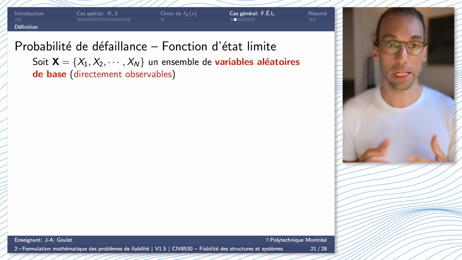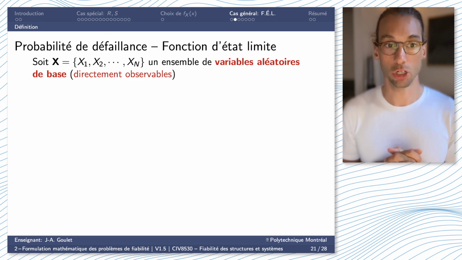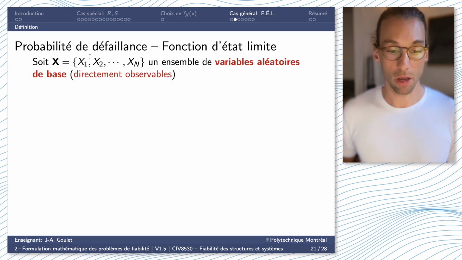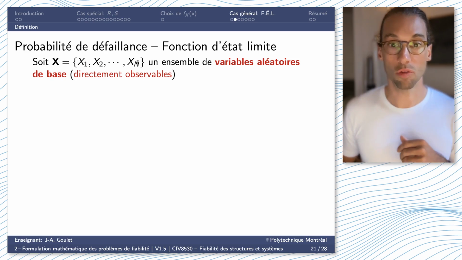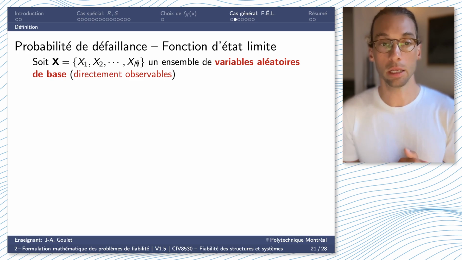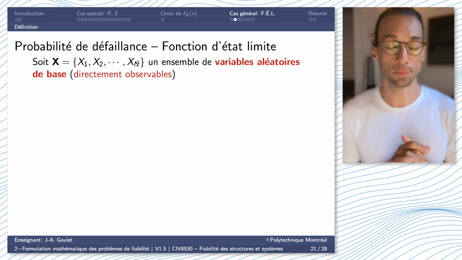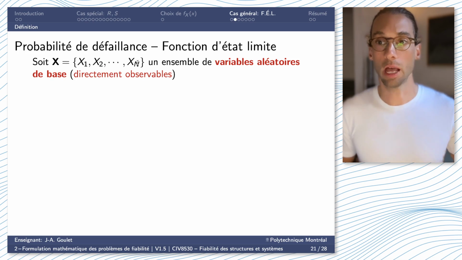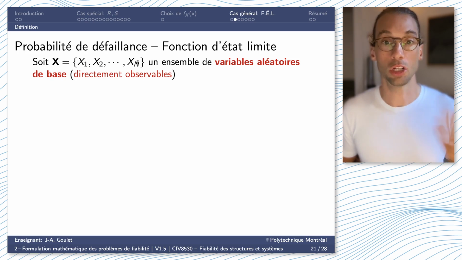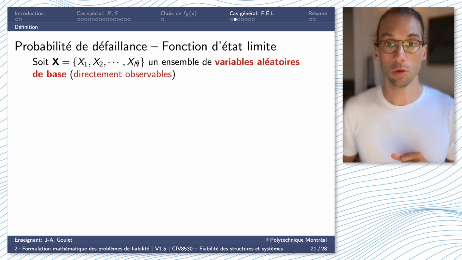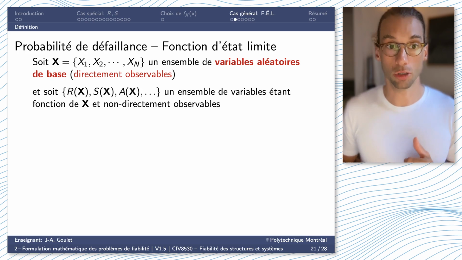So first, let's look at what the limit state function is. Let's assume we have a set of n random variables that are directly observable. These could model, say, the ultimate resistance of concrete, or Young's modulus of something, or a variable associated with defining the solicitation associated with the loading applied on our structure.